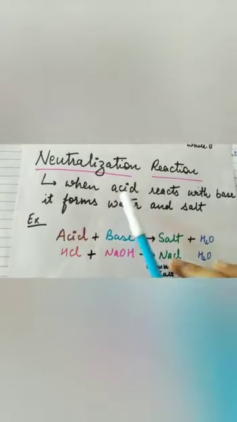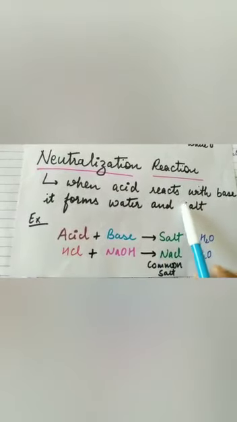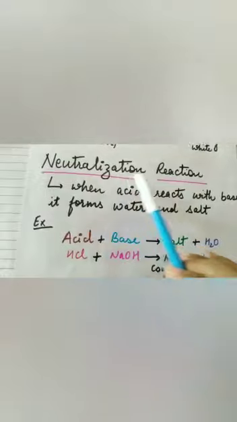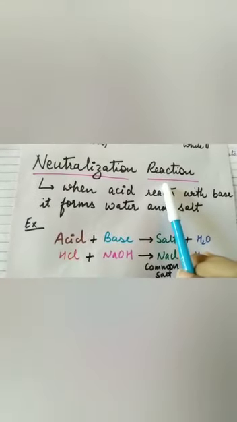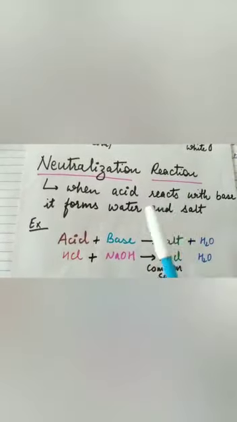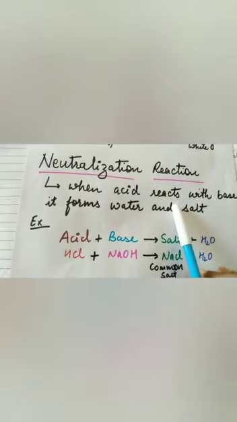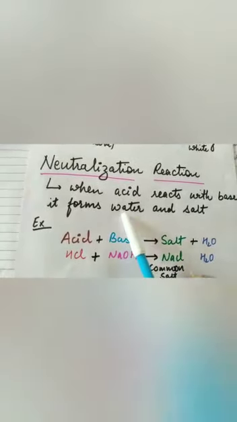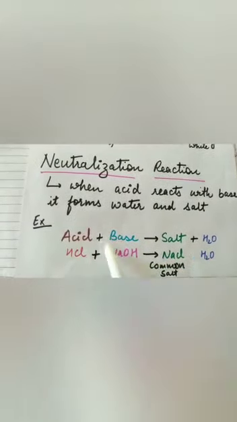So their properties vanish and a salt and water are formed. So this reaction is called a neutralization reaction, that is, acid and base both become neutral. In this neutralization reaction, always water and salt are formed.